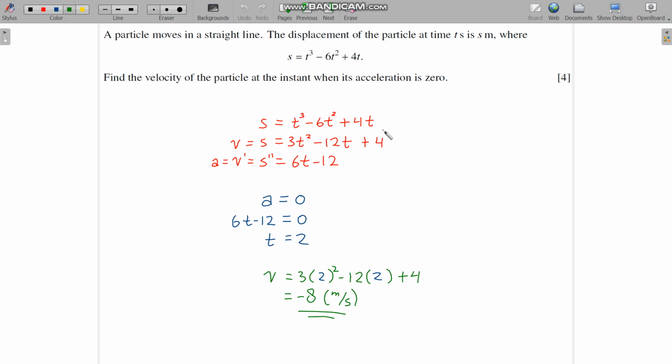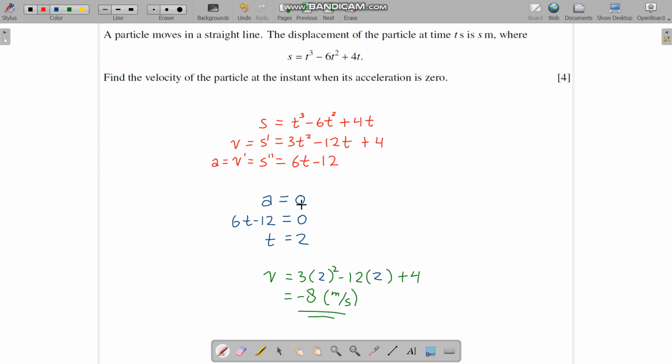And last example, we have the s function, the velocity, which is s prime, is this, and the acceleration, which is v prime or s double prime. We differentiate again, and we want the velocity at the instant when the acceleration is 0.